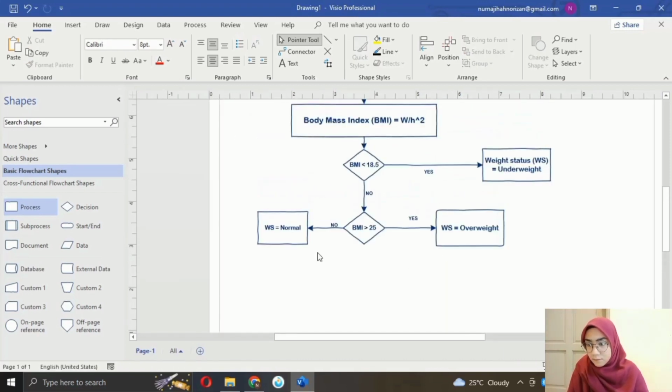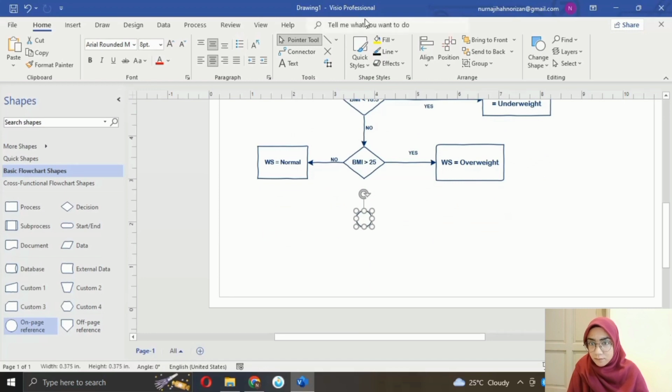So next, to connect the three points here we use a small circle. The name is one page connector. This connects the process flow on the same page. It avoids long lines crossing a page.